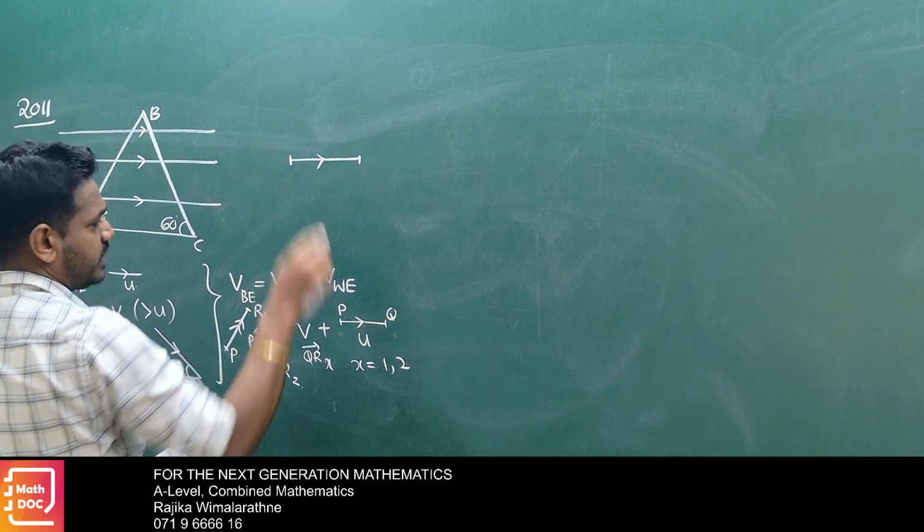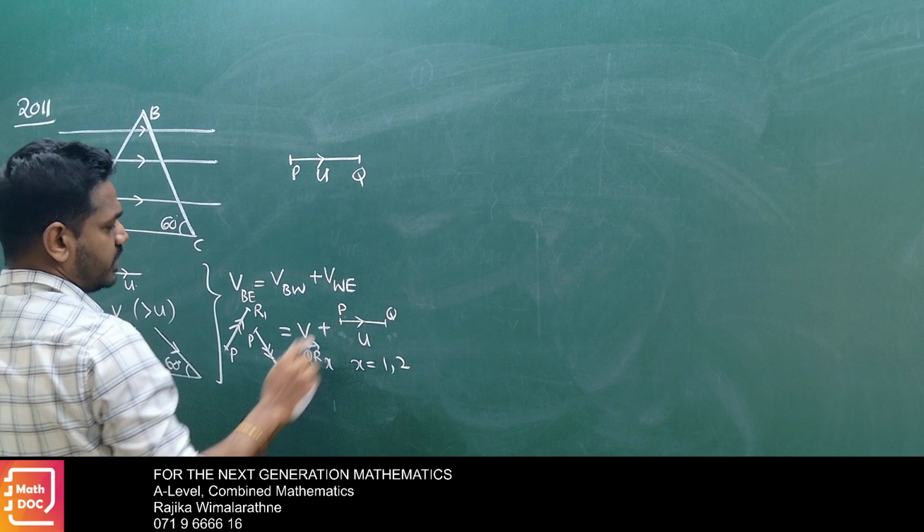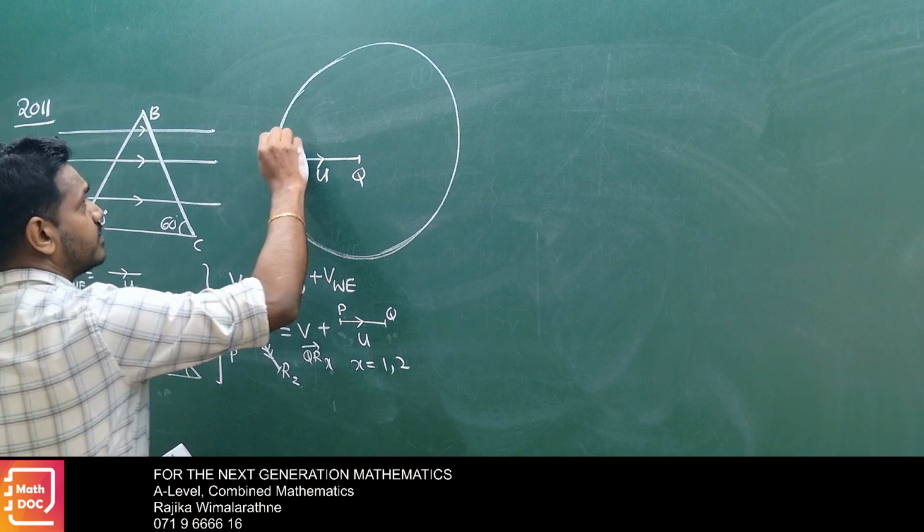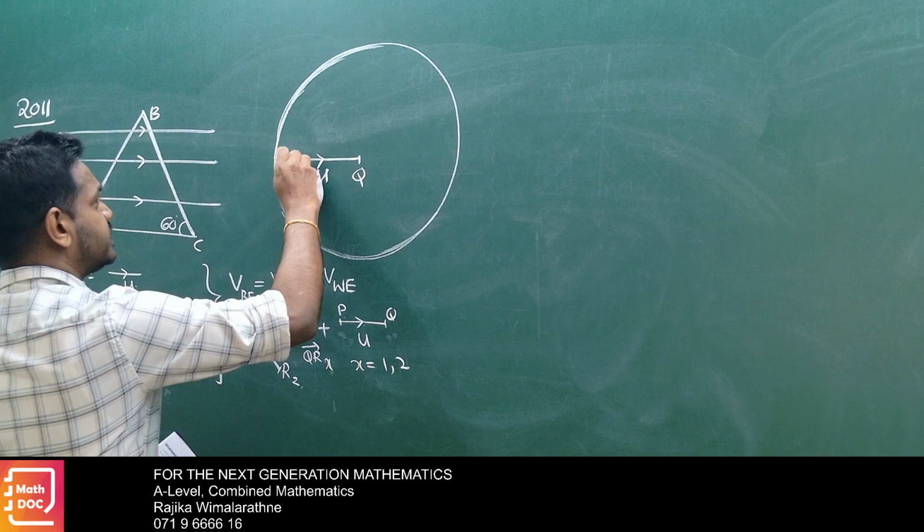Notation is very important. Then here PQ vector, start sketching U, QR vector V, then that is given greater than U, no? Then Q center, radius V circle. Then PR1 with 60-degree inclination. Here this will be R1.